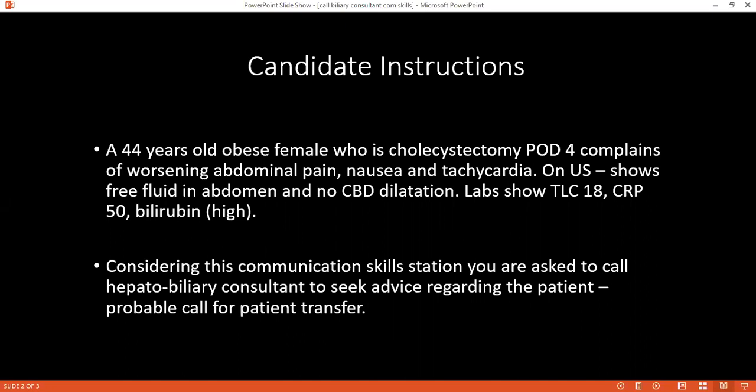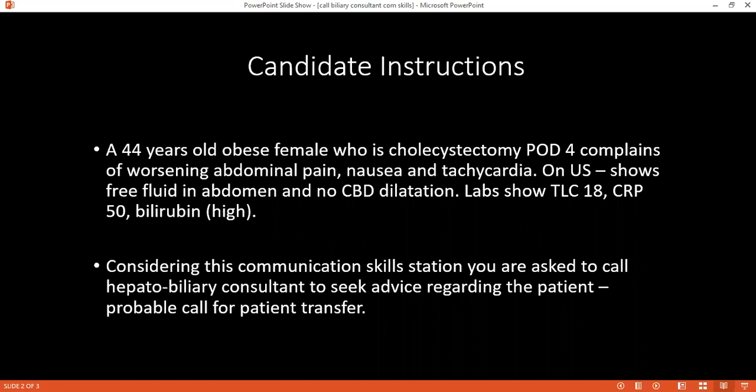Okay, doctor, thank you very much for the summary of the case. What are the possible causes of leakage in this patient? You did a cholecystectomy 4 days ago, you said. What could be the possible causes of leakage, doctor? Possibly, it could arise from the cystic duct stump, there may have been a slip in the clip, and also it could be injury to the common bile duct or from the liver bed where the gallbladder was, or also from injury to an accessory cystic duct or aberrant right hepatic duct.